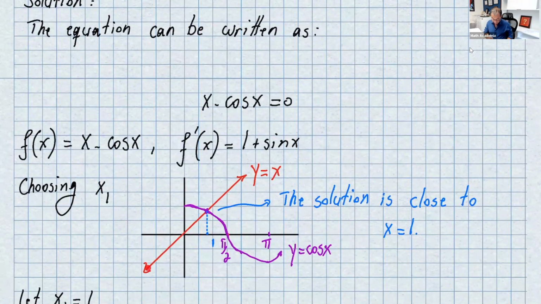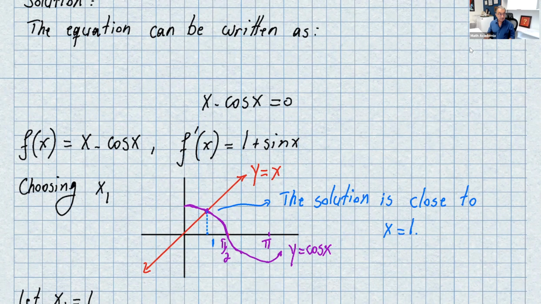So I graphed y equals x, and this is the graph of cosine x. These functions cross each other at that point. Here is pi over 2, here is 1, so it's very close to 1.